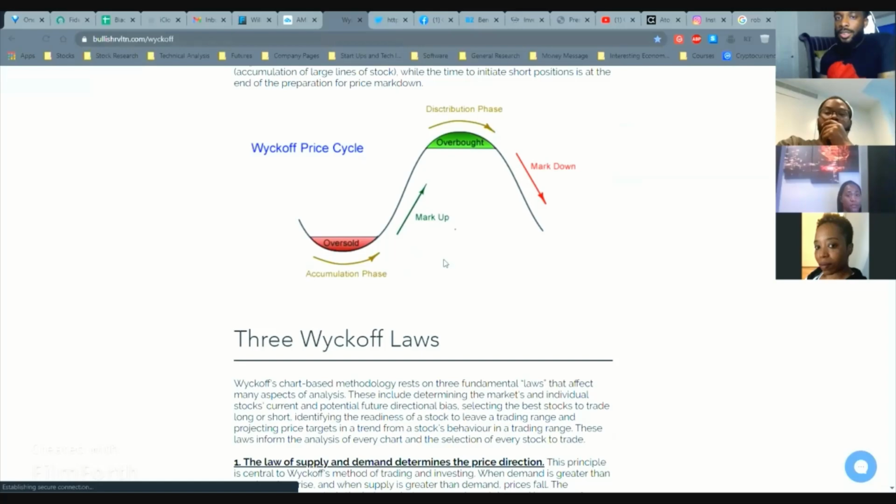So you have accumulation, which is basically the institution, or you could think of it this way, smart money, trying to accumulate enough orders to move price up. So when you see price consolidating, moving sideways like that, you could think of smart money trying to accumulate enough orders that they want to get at a great price.